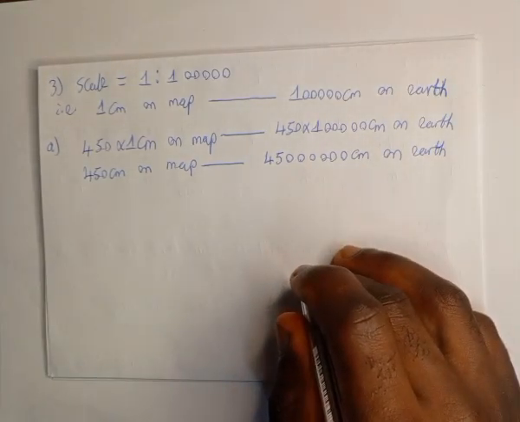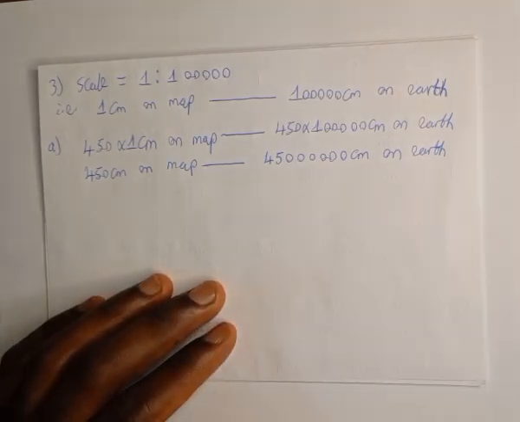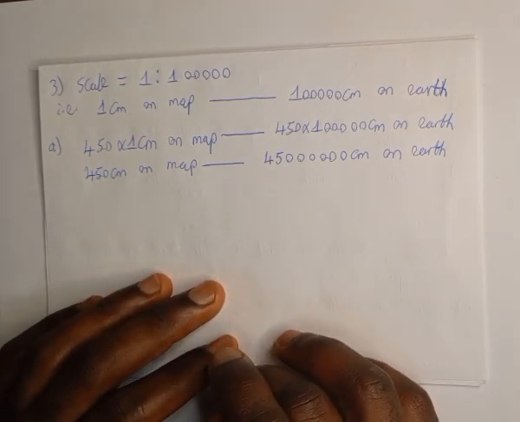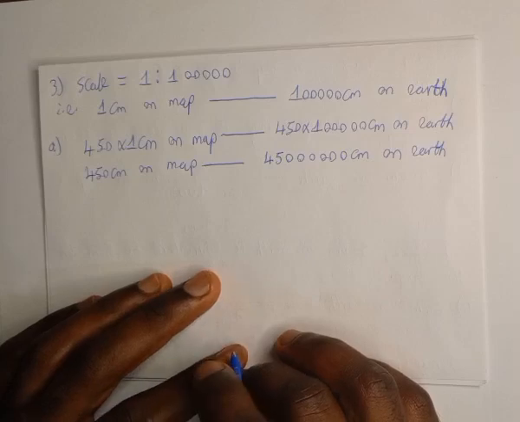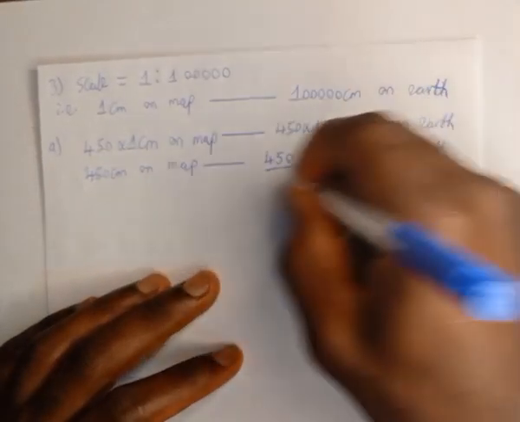It therefore means 450 centimeters on map is equivalent to 45 million centimeters on Earth in centimeters. You underline this.